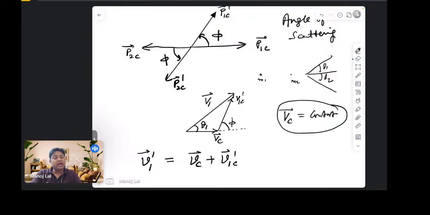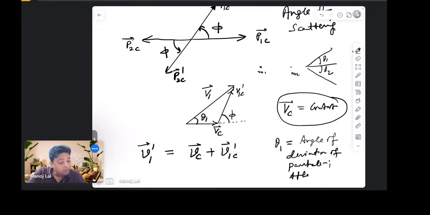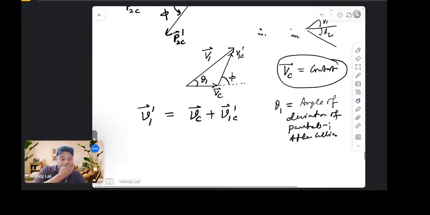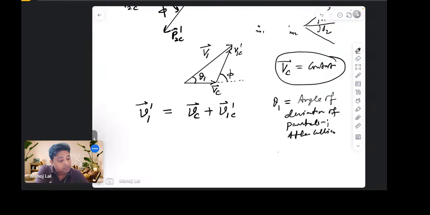So you can relate theta 1, which is the angle of deviation. Theta 1 is the angle of deviation of particle 1 after collision. And similarly for particle 2, theta 2 is the same thing for particle 2. Right.